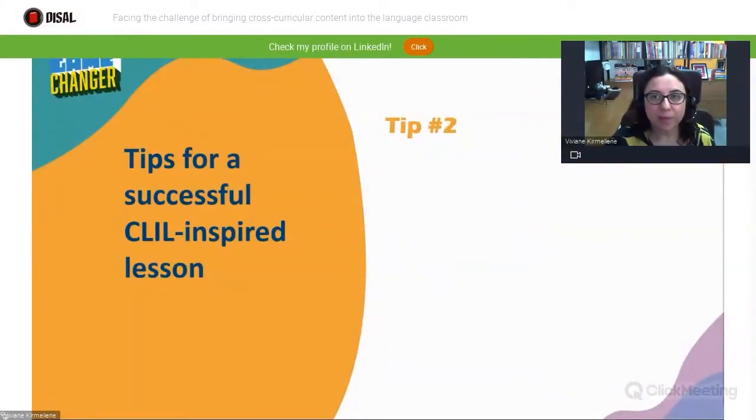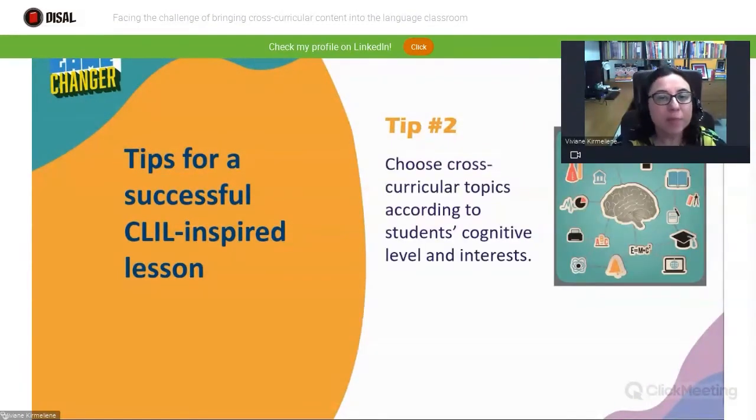The second tip, it's important to choose topics according to students' cognitive level and interests. So, as I mentioned before, if you're working with math, with kids who are 7 or 8 years old, for example, I cannot work with the 4 math operations because they haven't learned them yet.